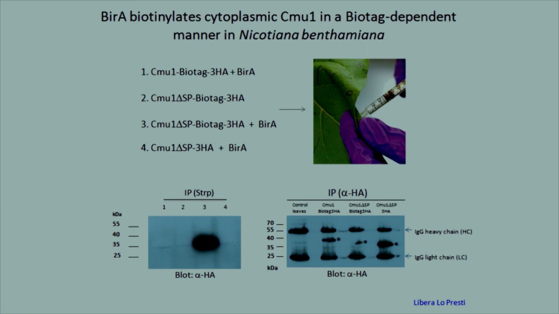In this case, it's the effector without its secretion signal, biotagged, and BirA, and you get a massive signal. And in this case, it's an effector without the biotag and BirA, and there is nothing. So we were extremely happy because this shows that the system could work in principle.